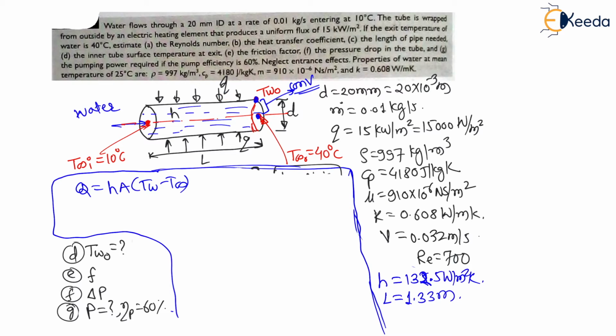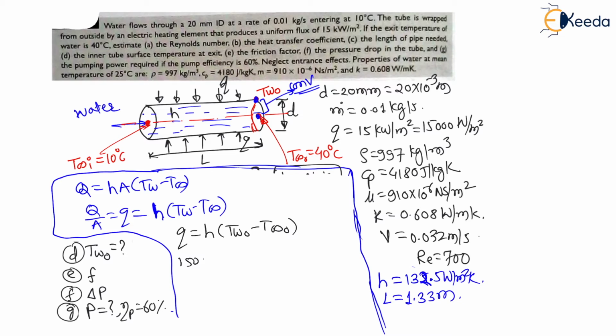Now this heat flux is uniform. Therefore, we can say q by A, which is nothing but heat flux, is equal to h, the convective heat transfer coefficient, into (T wall minus T infinity). If I want to calculate this wall temperature at outlet, then I have to consider the fluid temperature at outlet. If I want to calculate the wall temperature at inlet, I have to consider the fluid temperature at inlet. But here they are asking at outlet, therefore let us use these outlet conditions. This heat flux will be equal to h into (T wall at outlet minus T infinity at outlet).